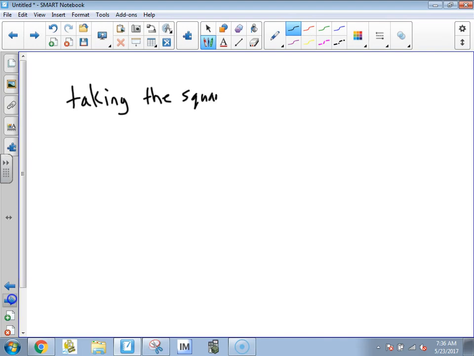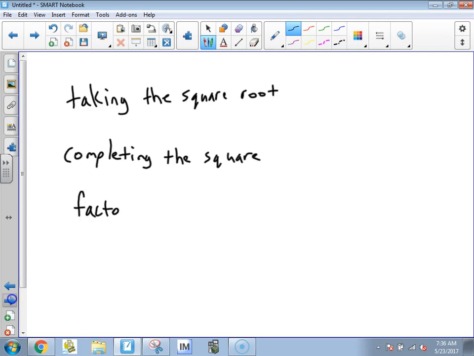Another is completing the square. Another is factoring. And then another, of course, the last one that we went through is using the quadratic formula.